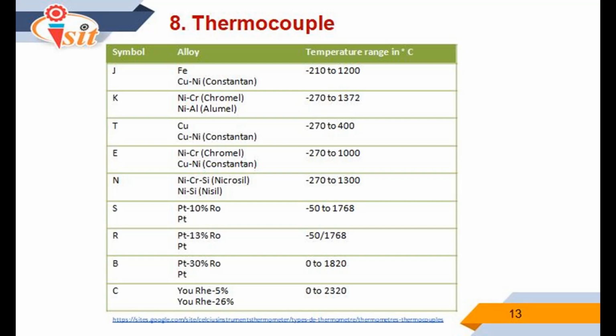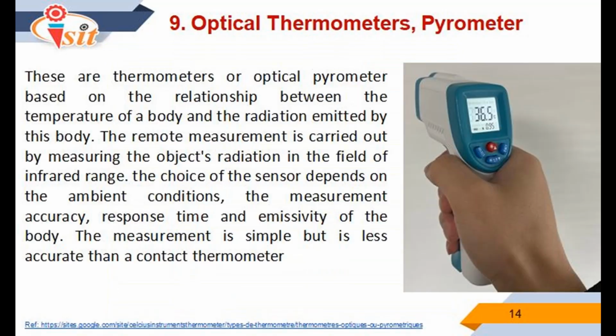Next one is B-type thermocouple, which is a combination of Pt30 and Pt, with a temperature range of 0 to 1820 degrees Celsius. And the last one is C-type thermocouple, having the temperature range of 0 to 2320 degrees Celsius.